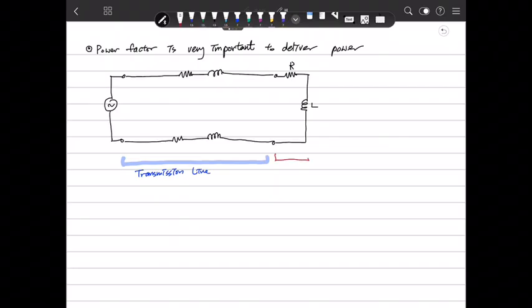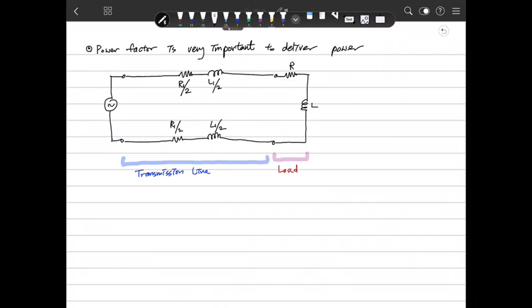And this is the load. So we define this as R1 over 2 and L1 over 2 in this way here.